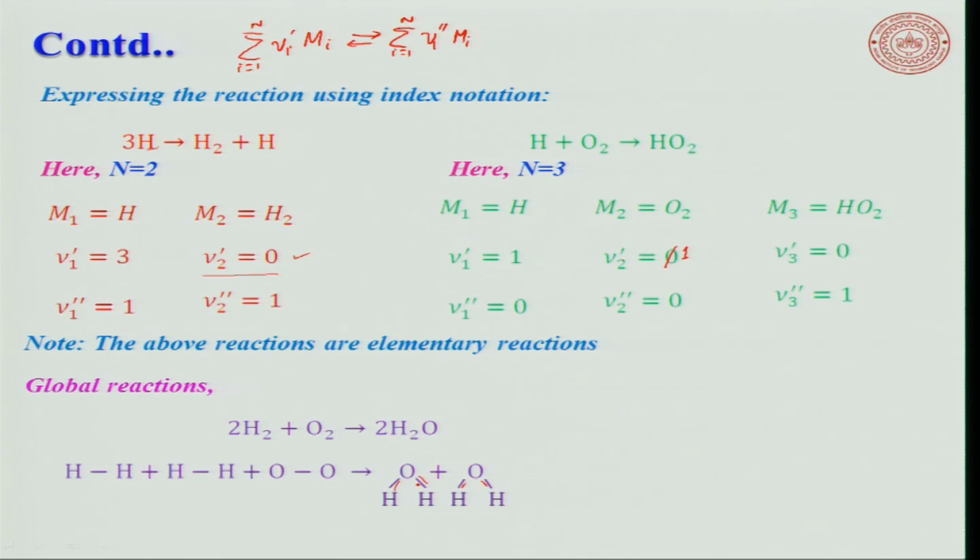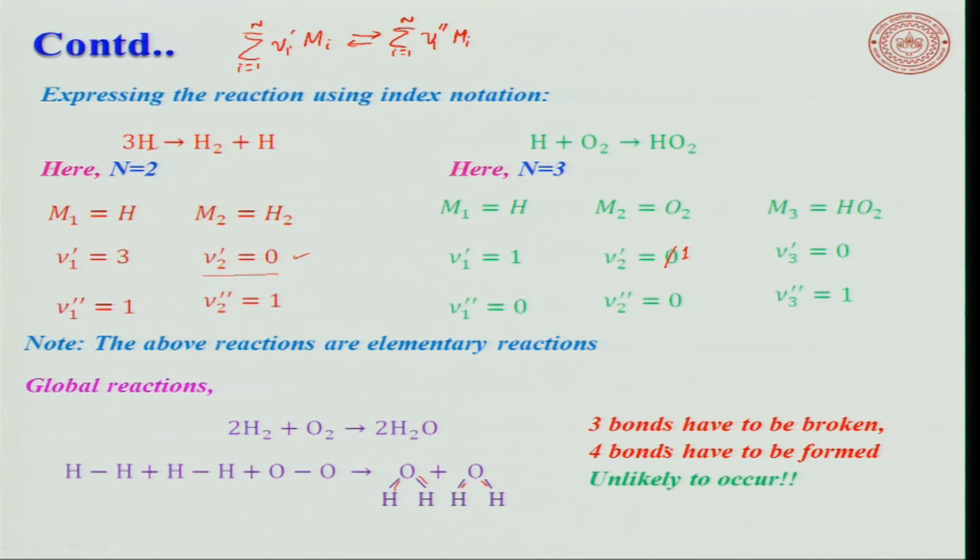That means, how many bonds? 3 bonds are being broken, 4 bonds are being formed. This is quite difficult to happen, because 3 bonds are to be broken and 4 bonds are to be formed, which is unlikely to occur. Therefore, the global reaction is very unlikely to occur.